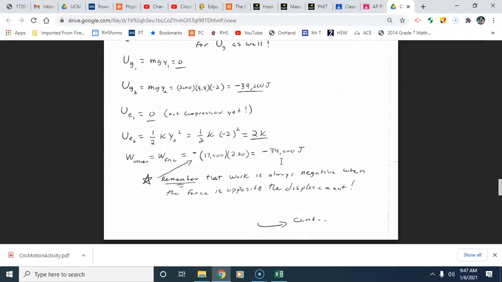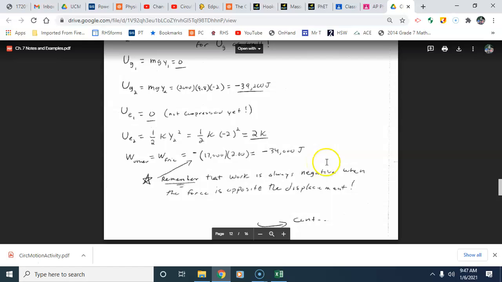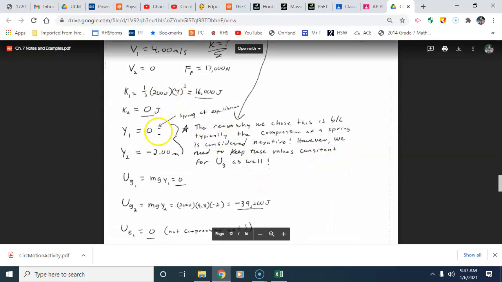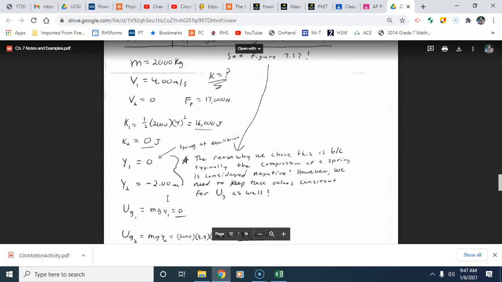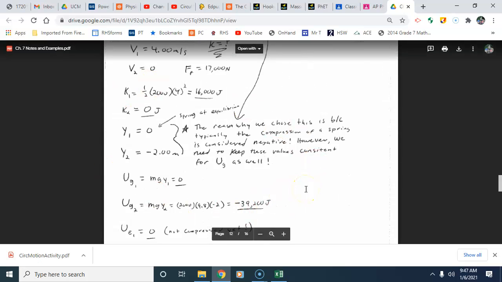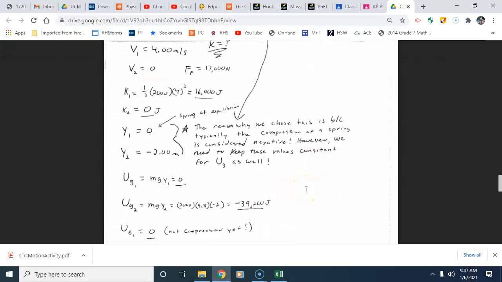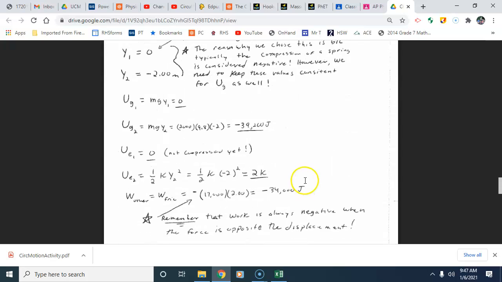Okay. And then finally, the elastic stuff. Again, I found it all separately. If you want to find it all within the equation, that's fine, but sometimes it might seem overwhelming doing it that way. But if you want to plug it all in together at once, that's okay too.